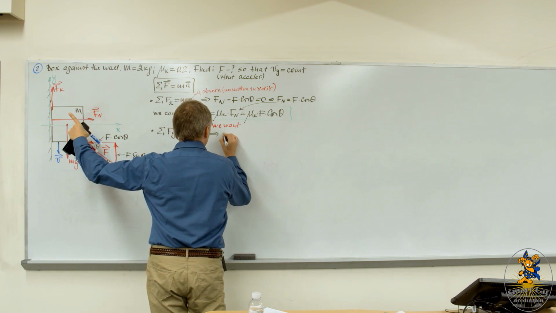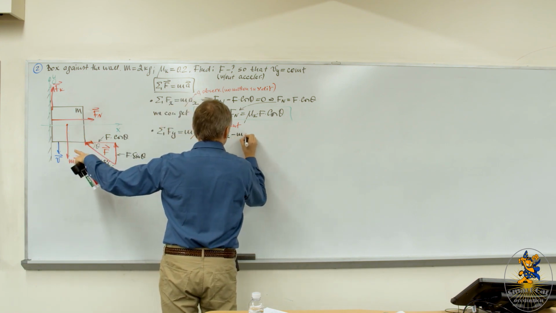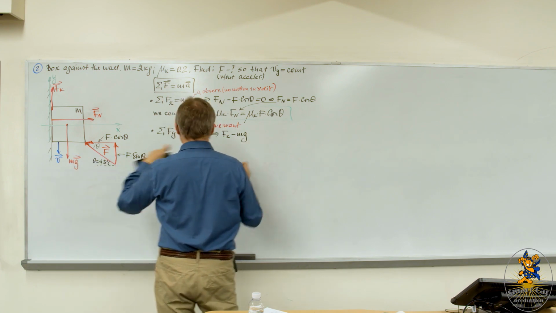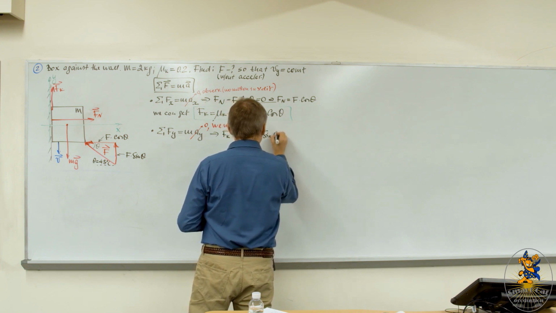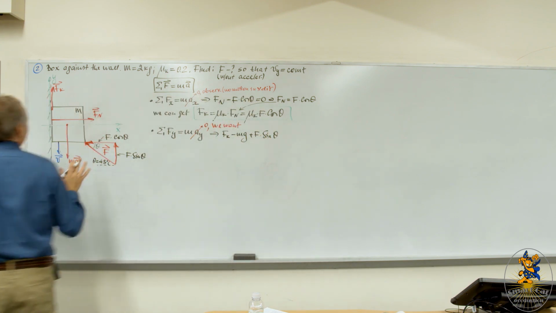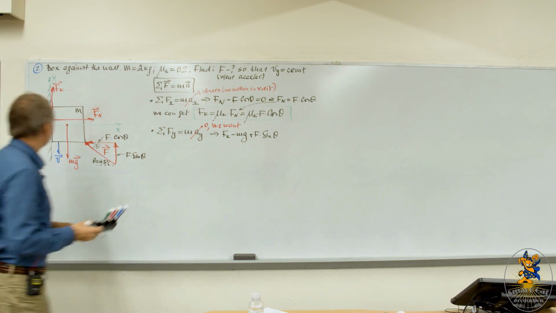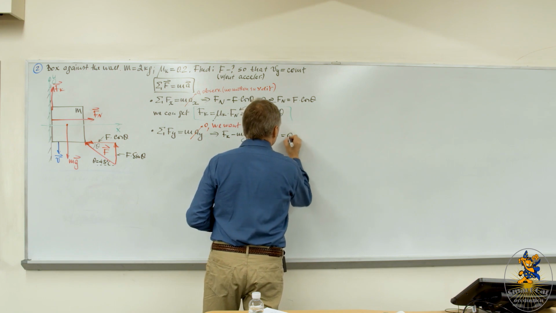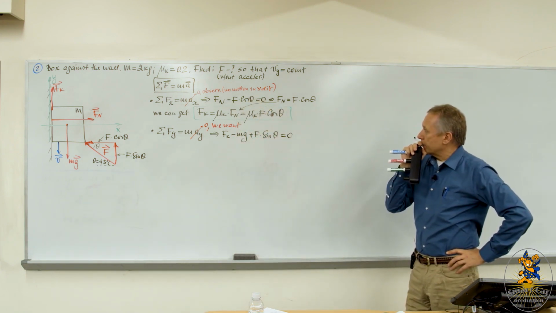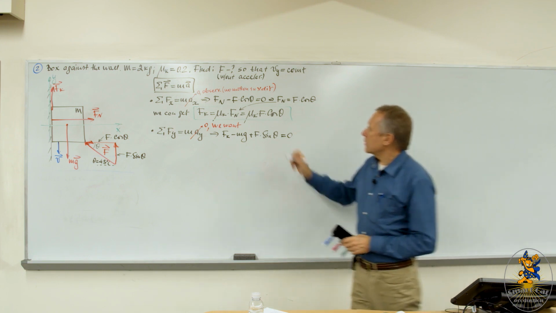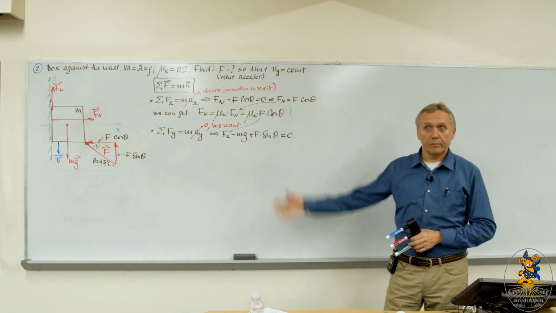So Fk positive, then mg negative, and this force is positive, plus F sine theta. Again, let me check to make sure that I include all forces. Yeah, that's it, and equals 0. So now let me get this kinetic friction, which we prepared.